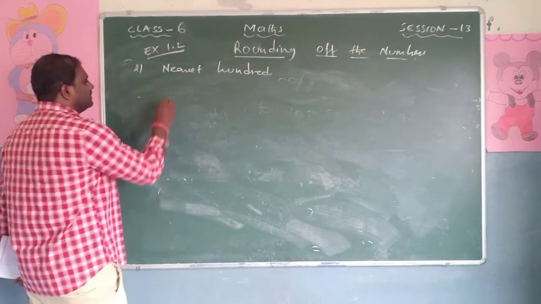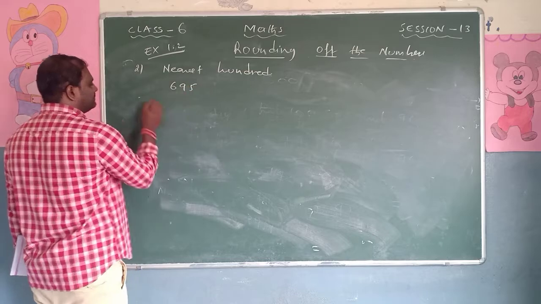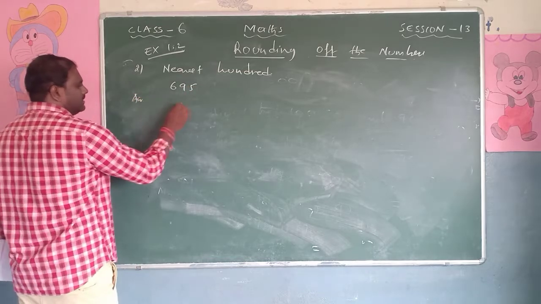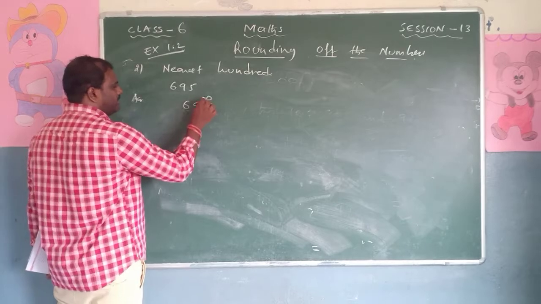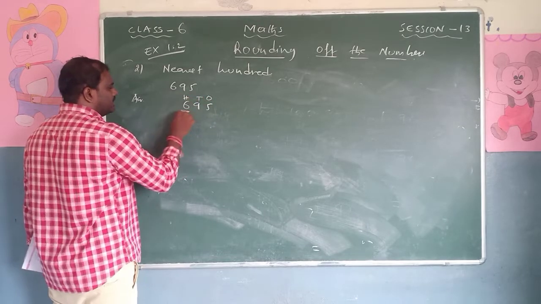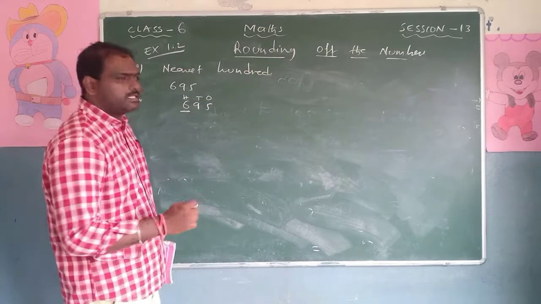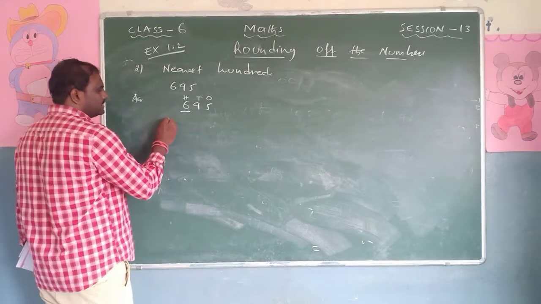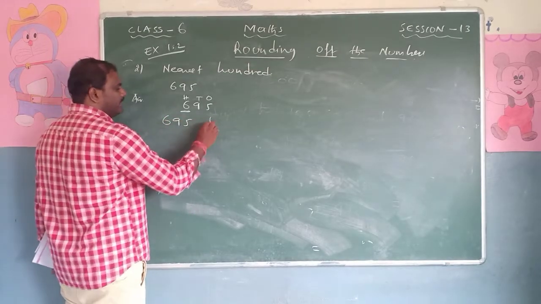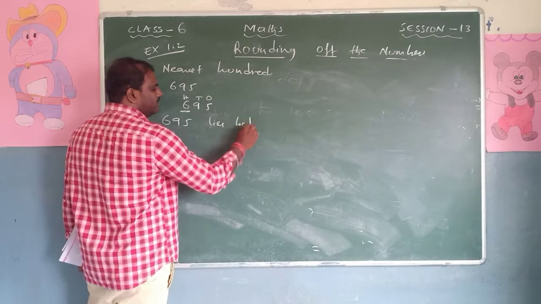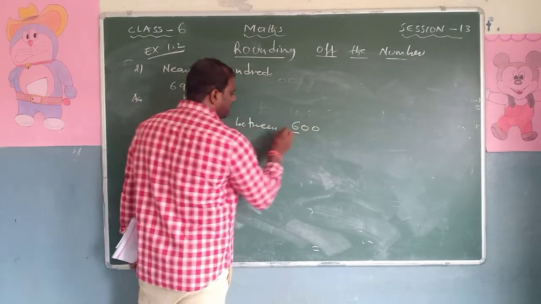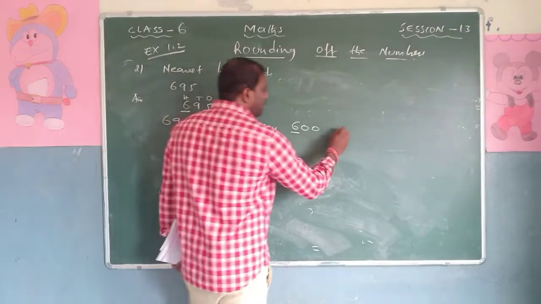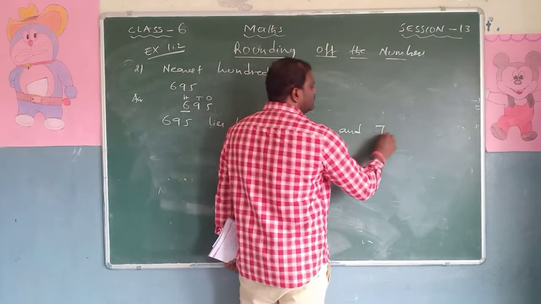Right? Now look at how the question will be. The first one is 695. So how many hundreds are there? Use ones, tens, hundreds. How many hundreds? 6 hundreds. So how to write this one: 695 lies between, very simple, 600, 6 hundreds, and what is the next number? 700.